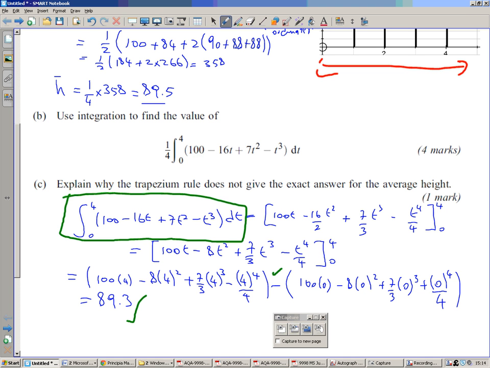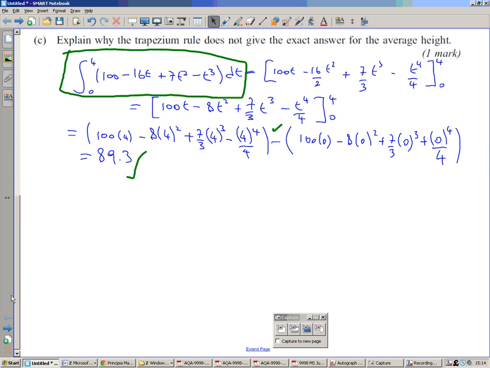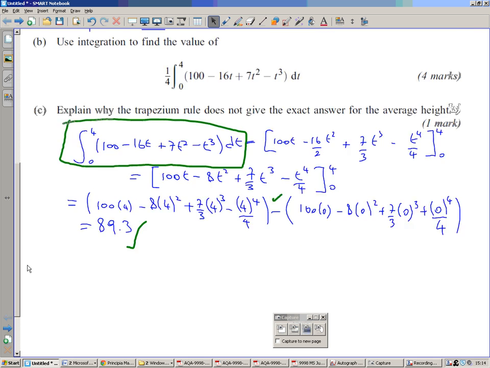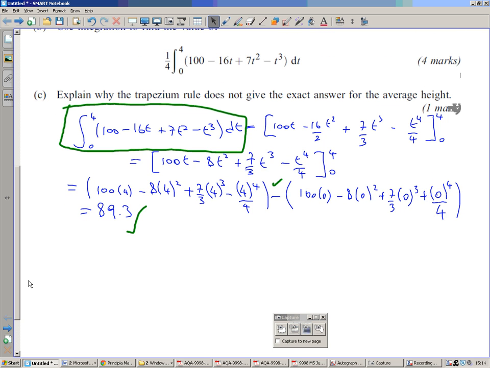Okay, right, and the final question, the integral gives the exact fit for the shape. What was the question for the last bit? Explain why the trapezium rule does not give the exact answer for the average height. It's because, and a diagram will help, it's trapeziums underneath.